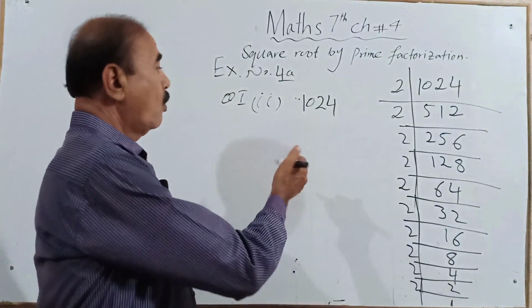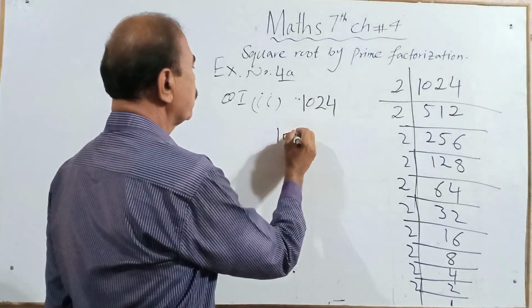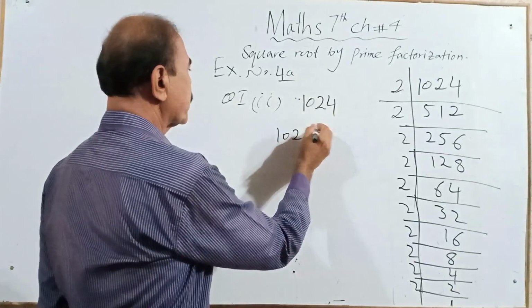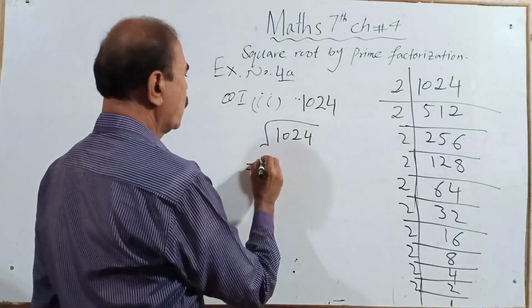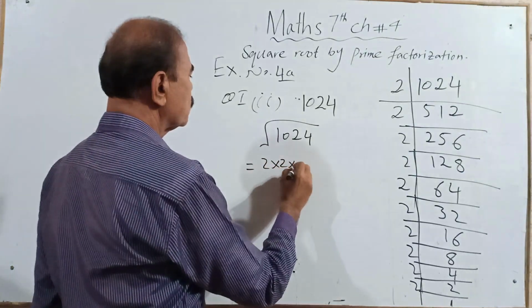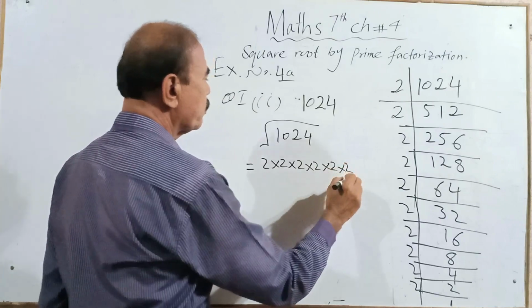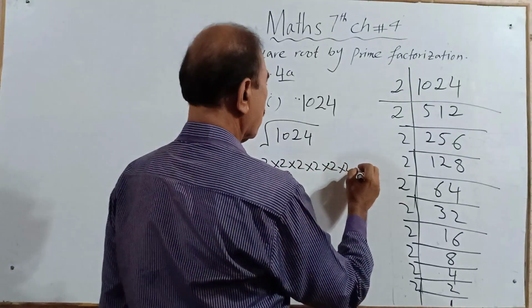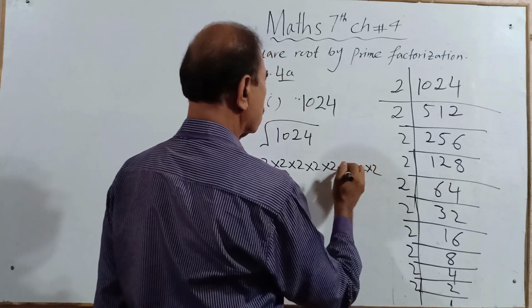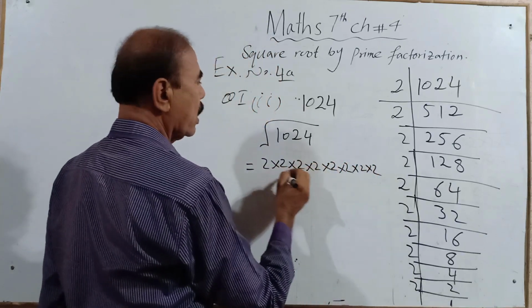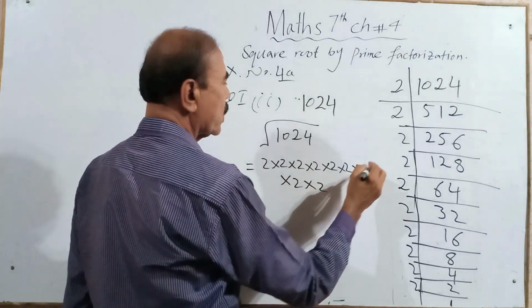Now find its square root. So the square root of 1024 we can write as 2 into 2 into 2 into 2 into 2 into 2 into 2 into 2 into 2 into 2.